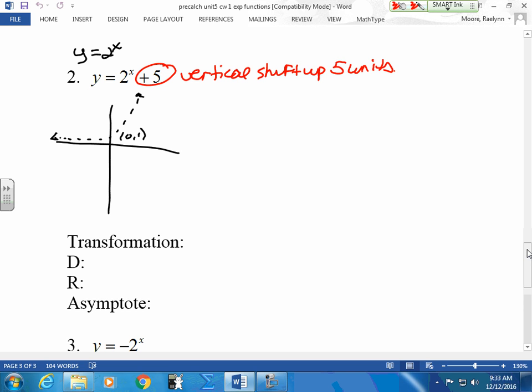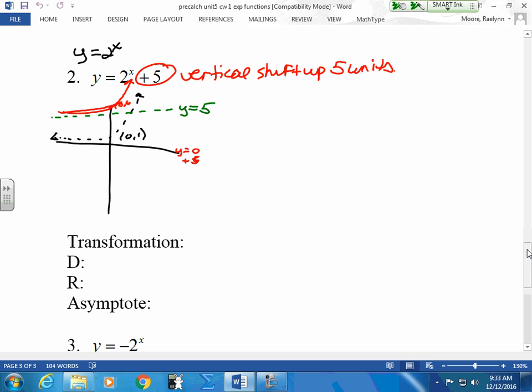So if I add a 5 to here, I'm somewhere at 0, 6. So this is going to go through here and up. If this was your y equals 0, you're going to move this up to 5. So here's my asymptote. Move everything up 5.